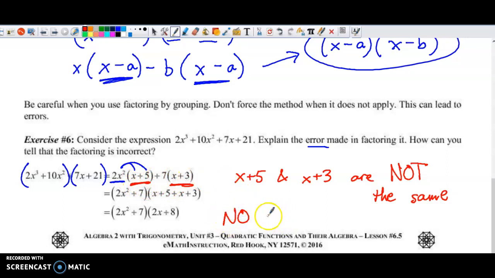That's not a common factor to pull in front. So we cannot do this problem that way. So in this instance, I would just say that there's really no way of simplifying beyond that point. Everything after that point would be incorrect.